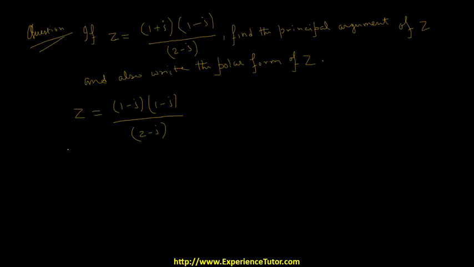So we have z is equal to 1 plus i, multiply by 1 minus i upon 2 minus i.